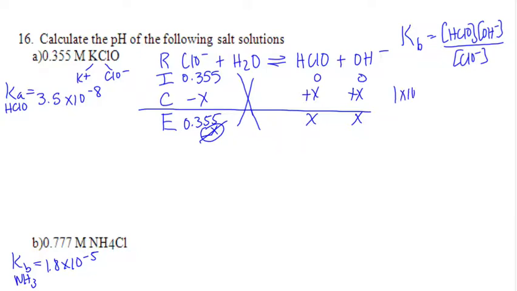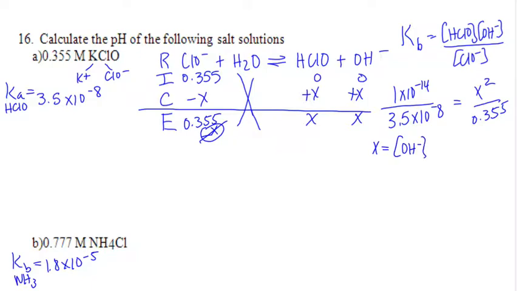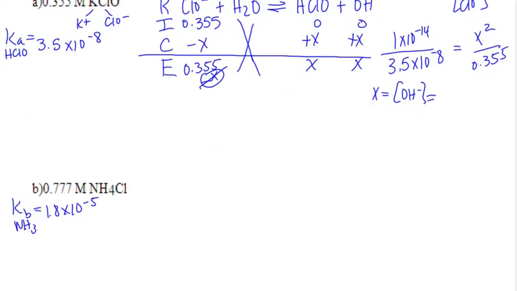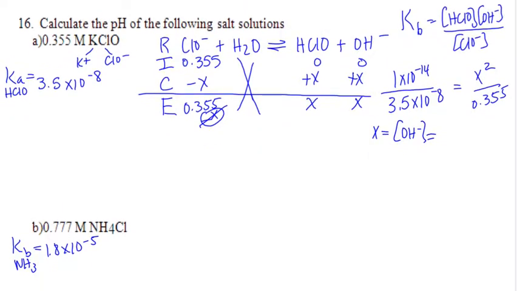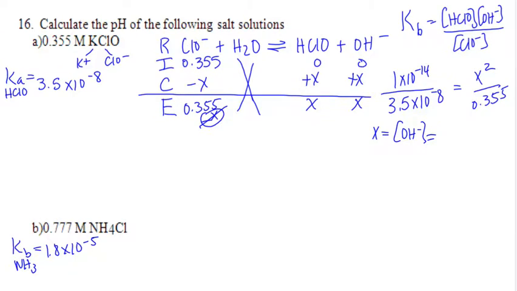No, they gave us a Ka, so we have to do 1 times 10 to the negative 14th divided by 3.5 times 10 to the negative 8th, and that's equal to X squared over 0.355. So my X, again, I have to see that that is equal to the OH concentration is what? Don't forget to take the square root.